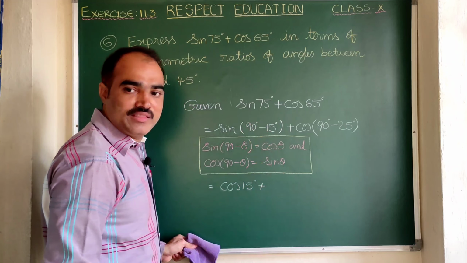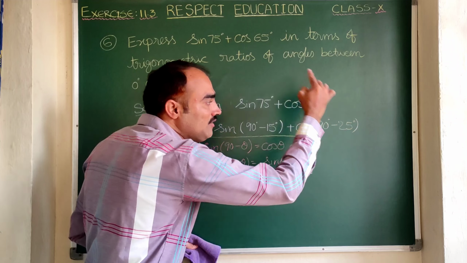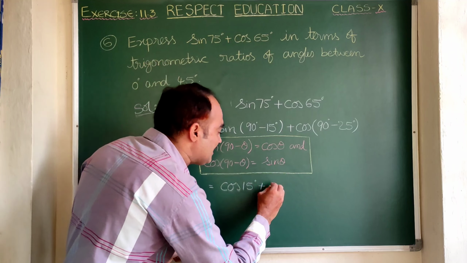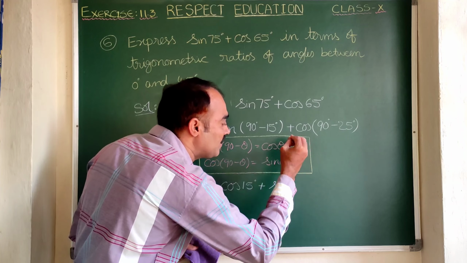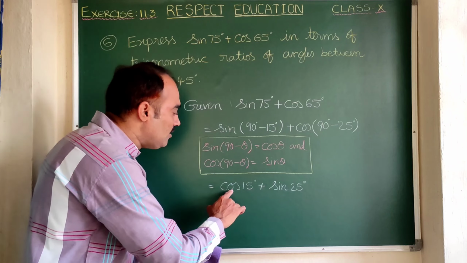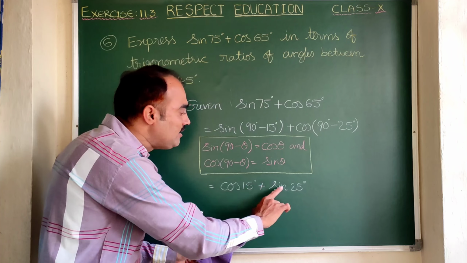Plus, cos 90 minus theta. Here theta is 25 degrees. Cos 90 minus theta formula is sin theta. So here sin theta means sin 25 degrees. Is it clear? Yes, sir. Do we know the value of cos 15 degrees? We don't know. Sin 25 also? We don't know. So we can leave the problem here.